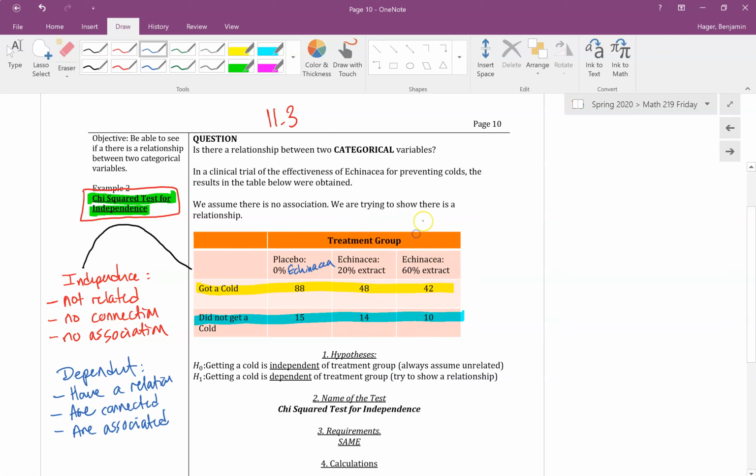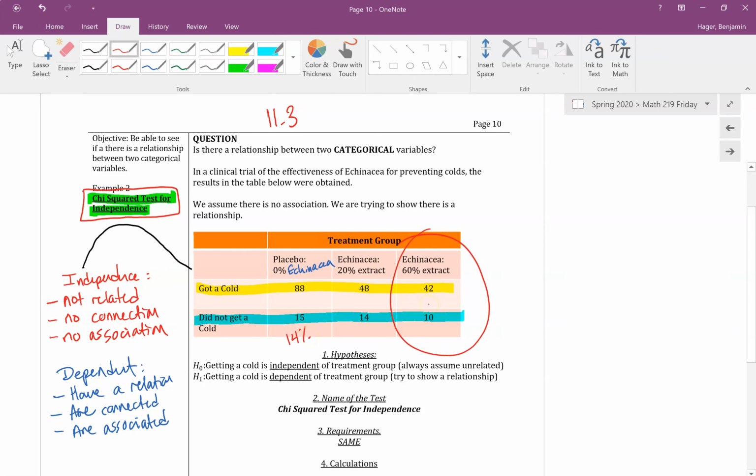Again, we want to see, does it look like as people took more echinacea that fewer people got the cold? Here you could look, there's 103 people total there. 15 were able to avoid a cold, so 15 out of 103. That's 14.6%, just to get an idea of what we're talking about. But let's look at this group.